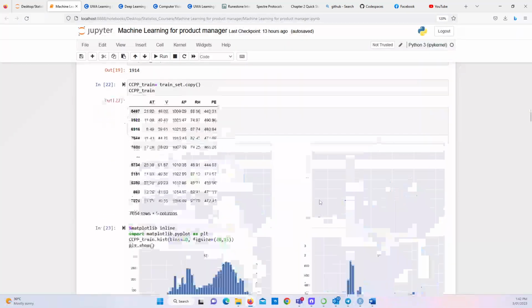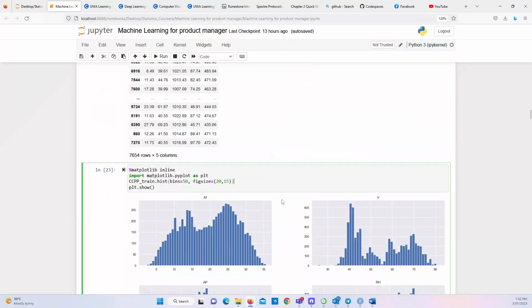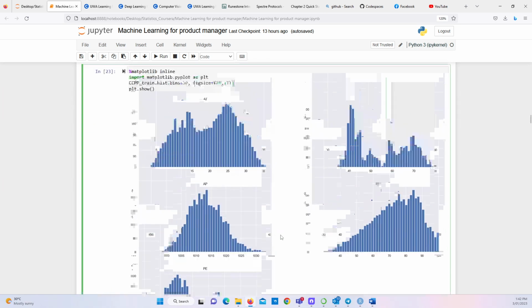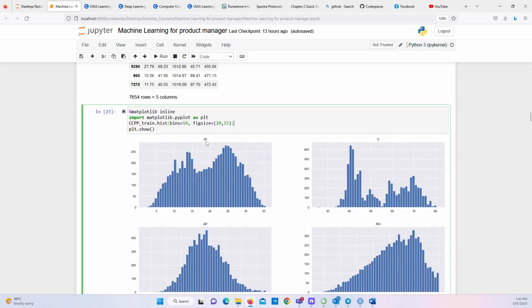This one is just to look at the distribution of each variable. You can see the variable AT, the distribution of temperature, with somewhere less than 50, around 10 degrees, somewhere around 200 observations fall in this bin.